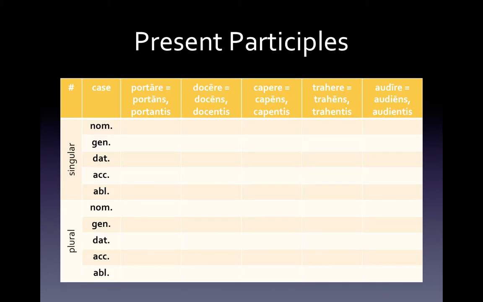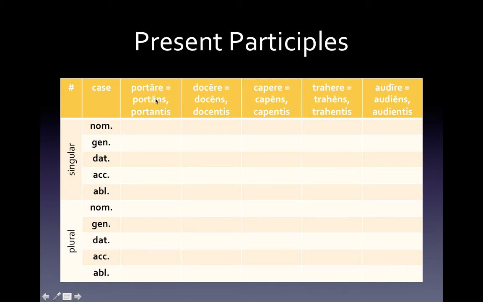All right, so here we have our paradigms. We've got porto, portare, portavi, docere, capere, trahere, and audire. I know I flipped these two around for those of you that are sticklers for details. Okay, so portare becomes portans, portantis. Docere becomes docens, docentis. Capere becomes capiens, capientis, and so on and so forth.